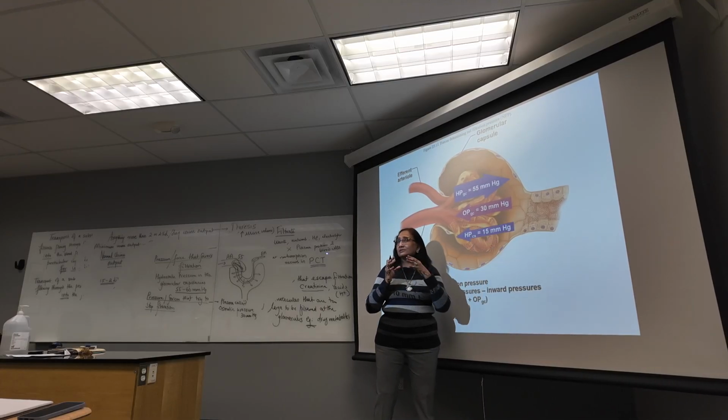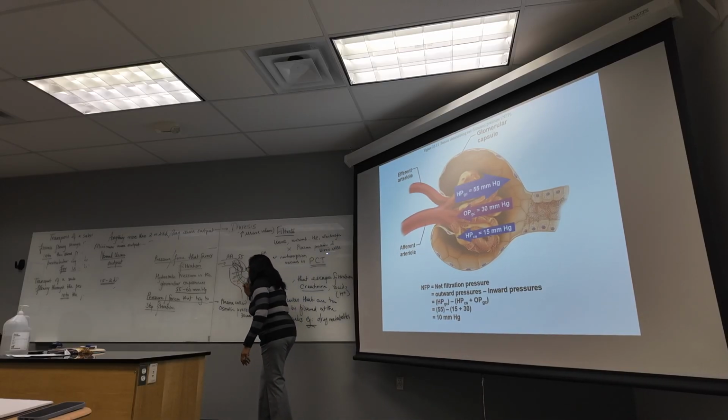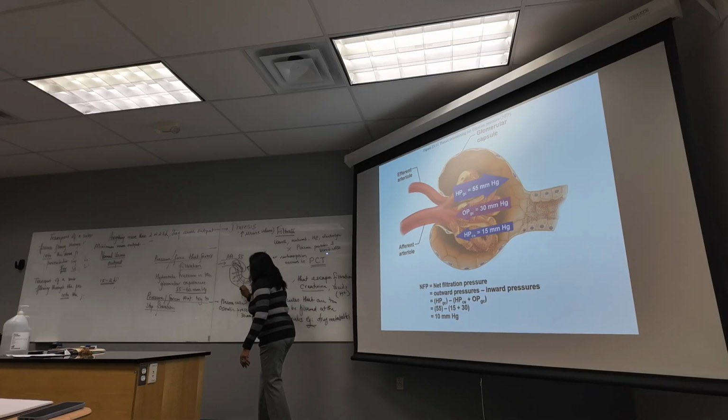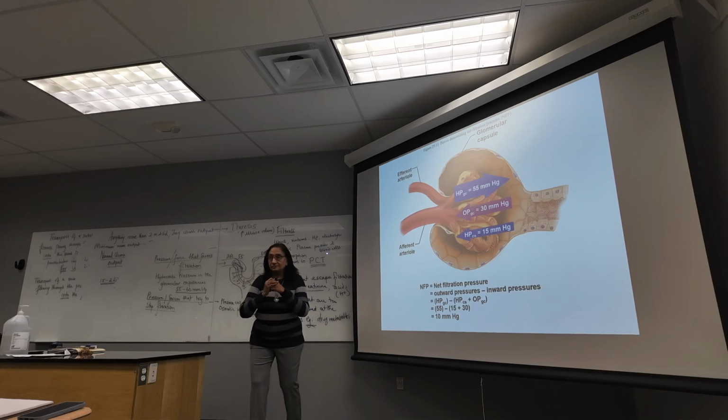Another pressure that is of slightly lesser significance is the cup itself. As the cup starts filling up with liquid, it's just like your coffee pot. If you put too much water, the coffee fills up, and if you have added too much water, then it starts spilling over. Here it can't spill over, but it will try to stop filtration. Okay?